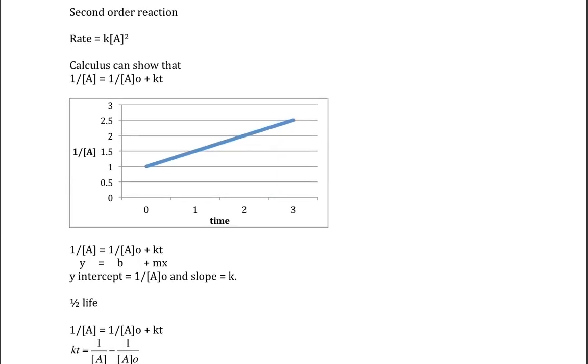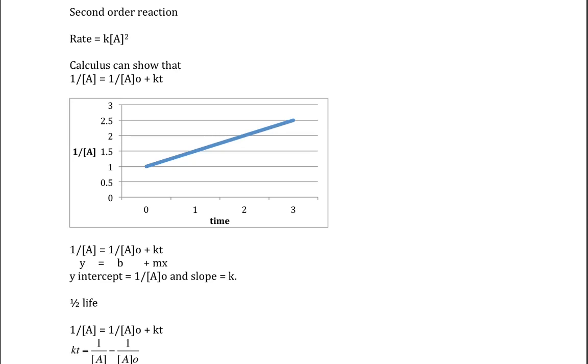Okay, so as I said before, we developed the integrated rate law and the half-life for a first-order reaction. Now we will do the same thing for a second-order reaction. For a second-order reaction, the differential rate law is rate equals K A squared. Again, calculus can show that when we want A versus time, it becomes 1 over A equals 1 over A naught plus KT.